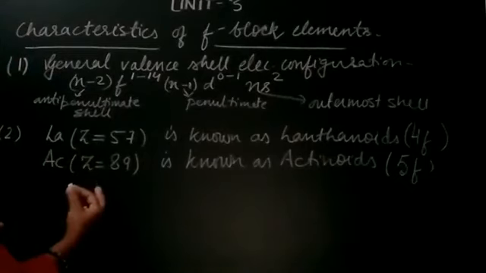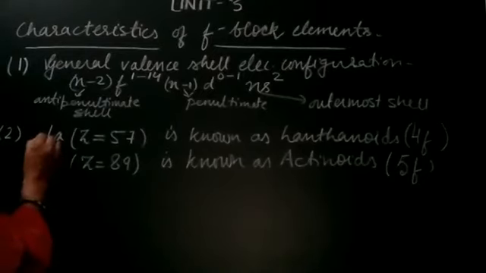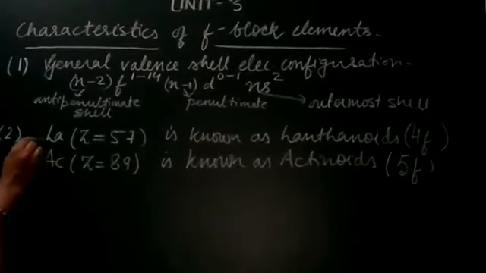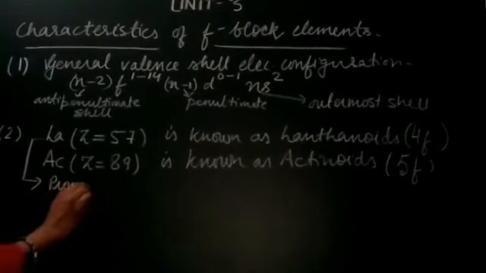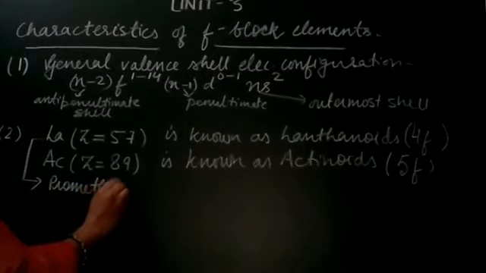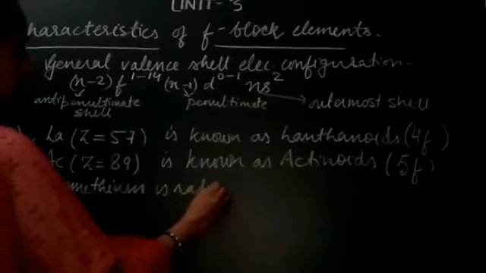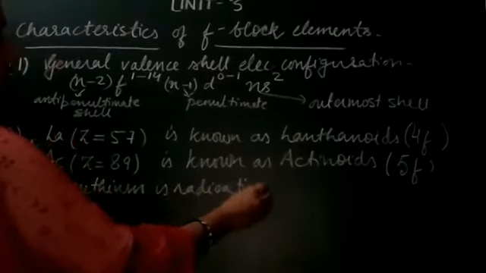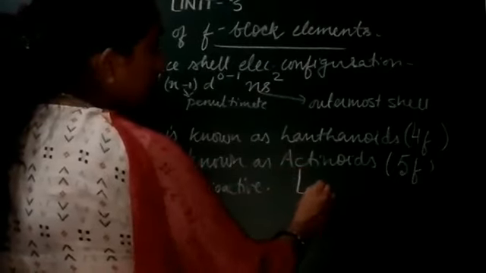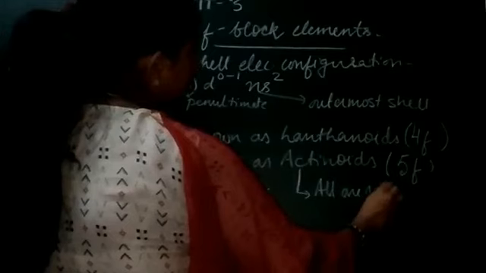Whereas in actinoids, the complete series is of radioactive elements. So in lanthanoids only promethium is radioactive, whereas in actinoids all are radioactive.